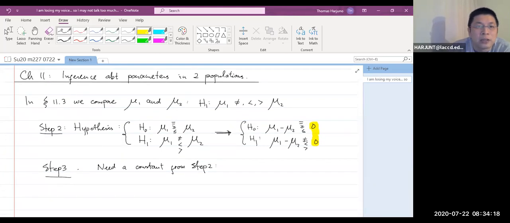Okay, now the test statistic. If sigma 1 and sigma 2 are unknown, and that's usually the case, then we will use t as usual.